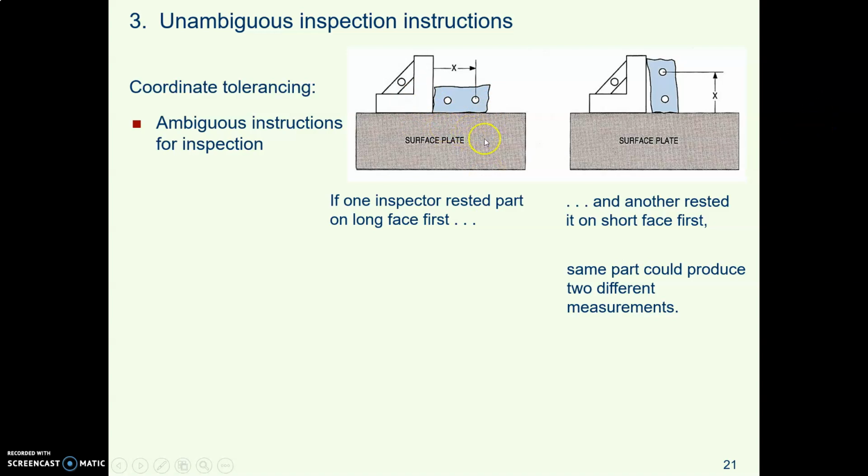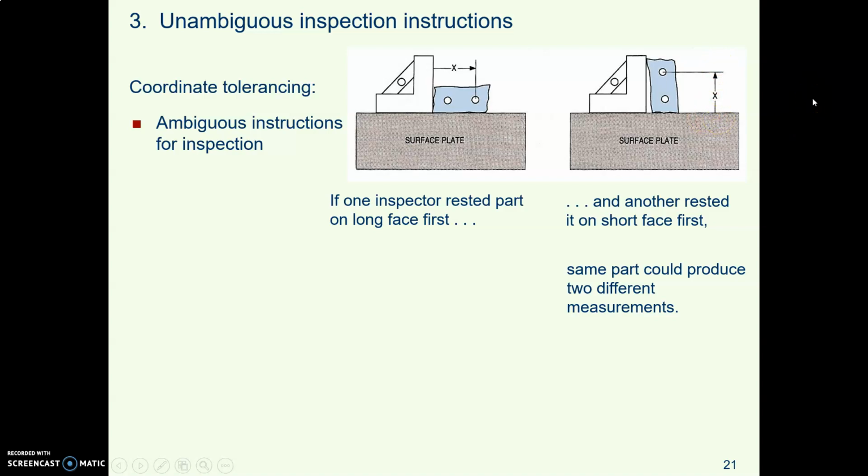When your inspector puts that part in his or her inspection equipment to measure the location of this hole, they might set the long side down flat and measure the hole off the precision square. The next shift, a different inspector might place the short end on the surface plate, press it up against the precision square, and measure the X dimension that way.